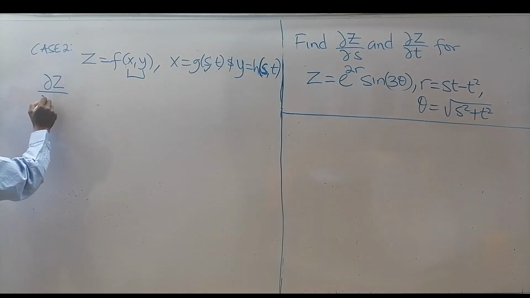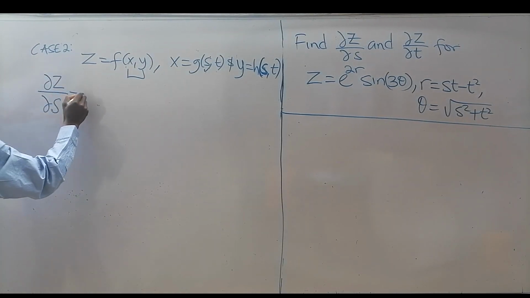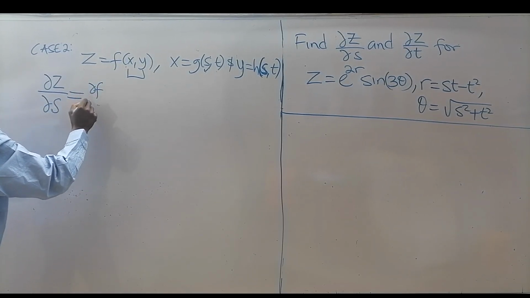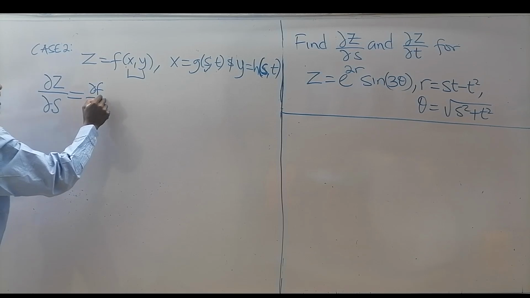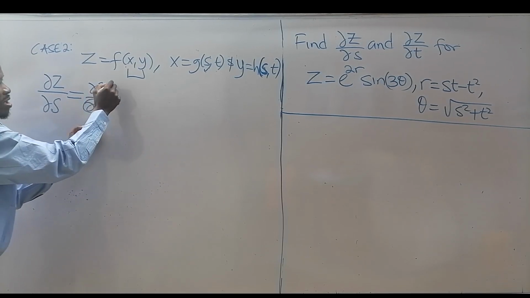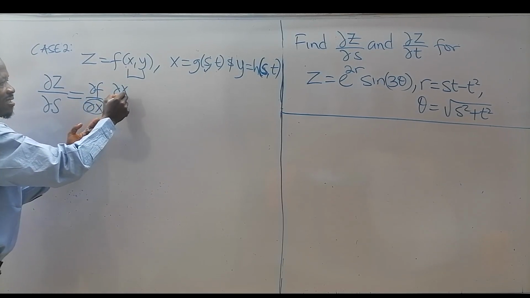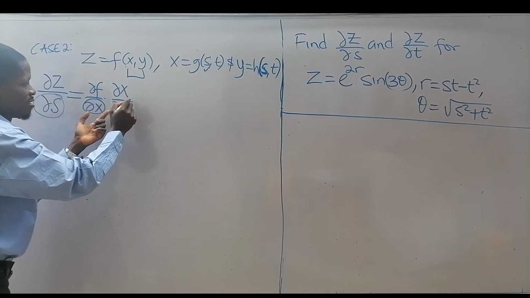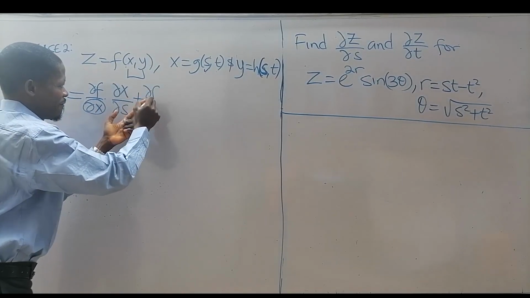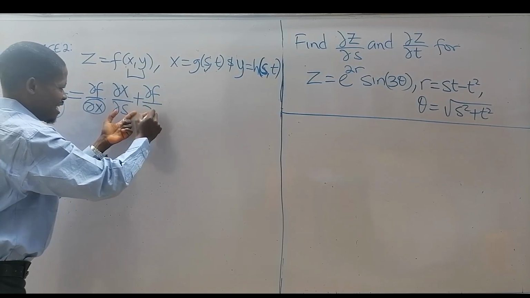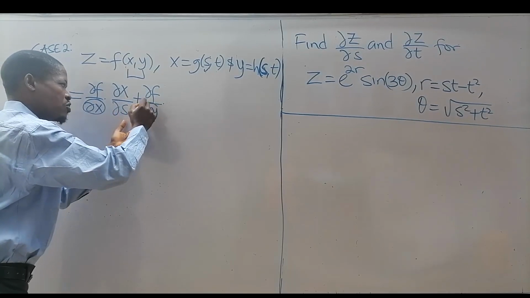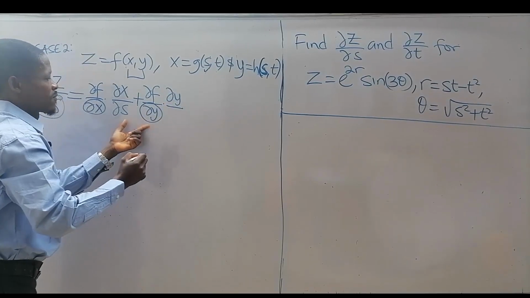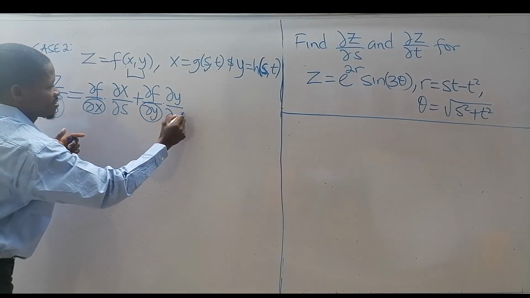Respect to this, then del x, and that will be equal to, very simple, del f, del x times del x, all over del x, then plus del f over del y times del y over del x.